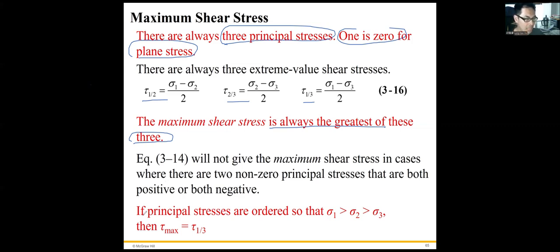Remember that if the principal stresses are ordered so that sigma 1 is greater than sigma 2 and greater than sigma 3, we say tau max equals tau 1 3, in this case.